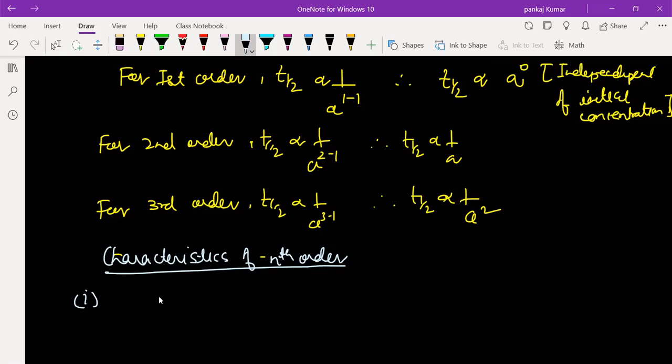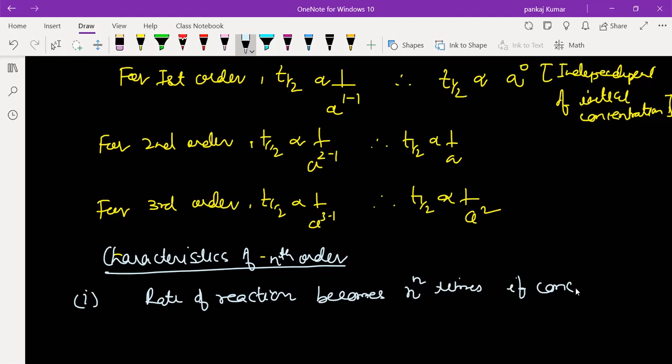One is your rate of reaction becomes n to the power n times, if concentration is increased by n times.